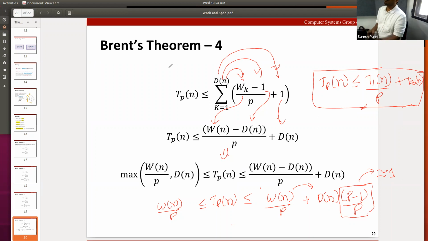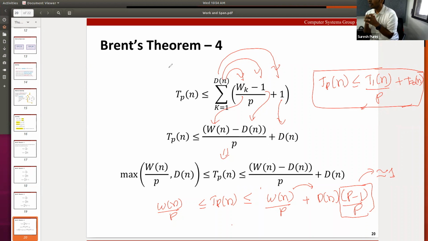Why is this important? When you are building a runtime environment, we are now looking at the whole thing from a programmer's perspective. Let's say you are building a scheduler. What is your goal as a programmer who is writing a scheduler? Your goal should be that if you are crossing this upper bound, then you're not doing a good job.